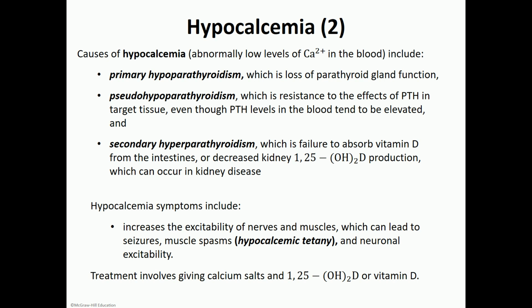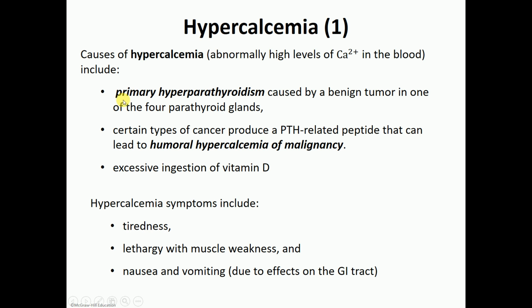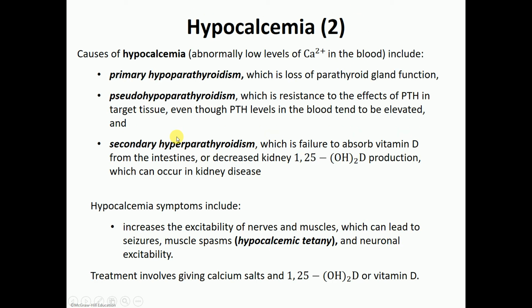So although the patient has hypocalcemia, the parathyroids are trying to compensate by increasing their production of PTH. So they have secondary hyperparathyroidism, but their calcium levels are low. So make sure you are good with this. Primary hyperparathyroidism leads to hypercalcemia, while secondary hyperparathyroidism due to renal failure leads to hypocalcemia.